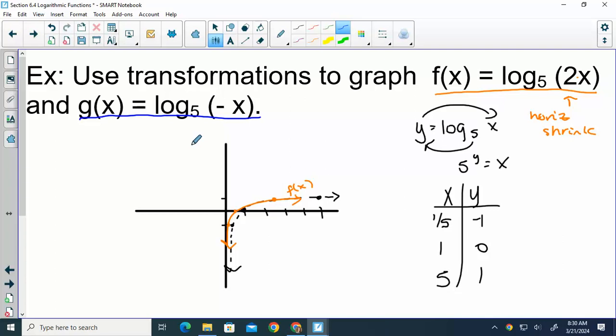What if we had log base 5 of negative x? It's taking all of your x's and making them negative, so it flips it over which axis? If you take your x and make it negative, it'll flip over the y.